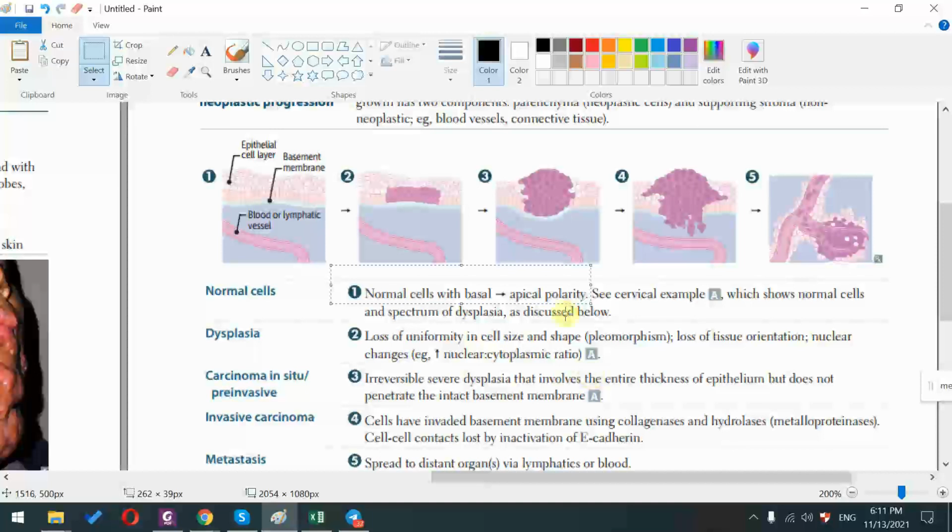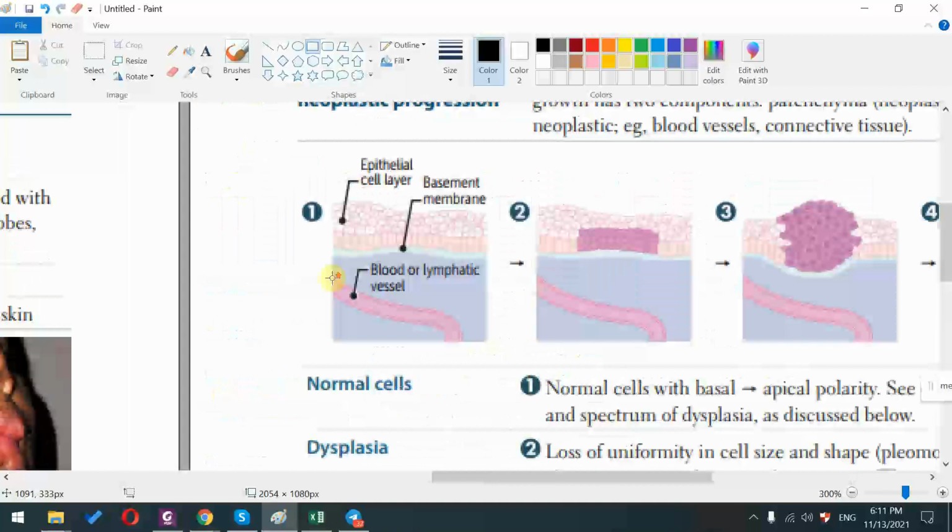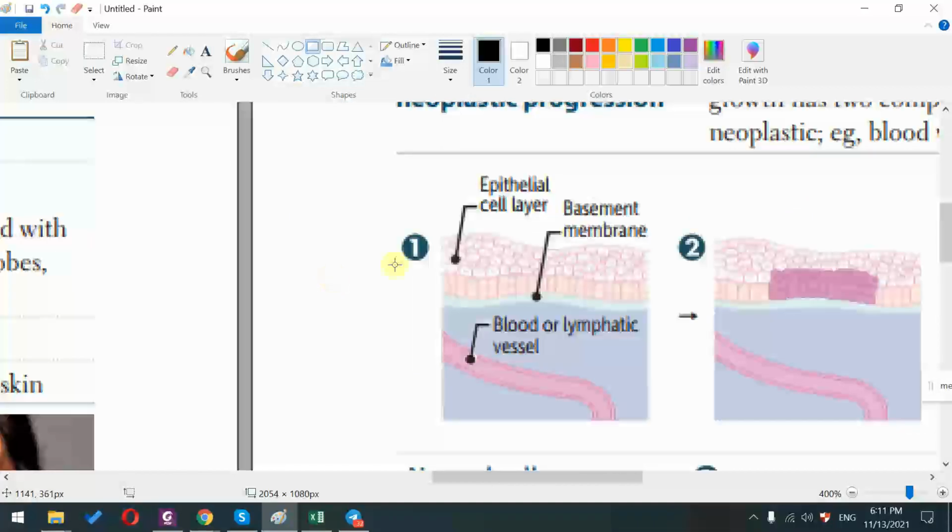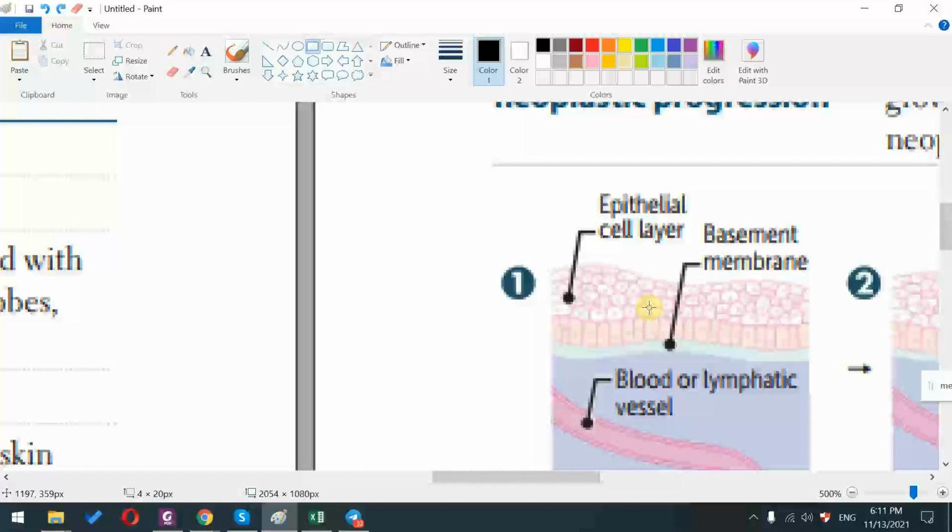What does that mean, basal apical polarity? Well, it means that when the cells are organized here, as you can see, guys, they are located like this. And if you take a deeper look at their nuclei, they are at the same level. Well, maybe one is up, one is down, but overall they are at the same level.